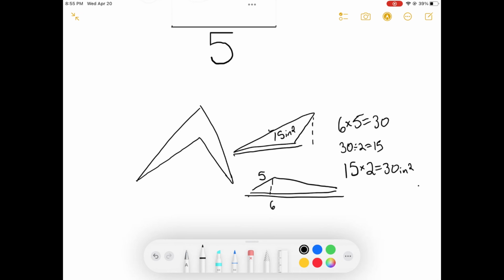Since we divided by 2 and multiplied by 2, it cancels out. So if you wanted, you don't even have to do that step at all if they are exactly parallel. If it's not parallel, then that shortcut won't work. So the area of it is 30 inches square.